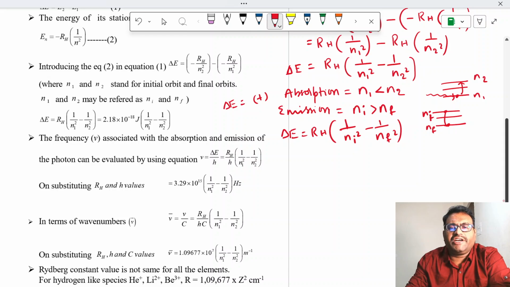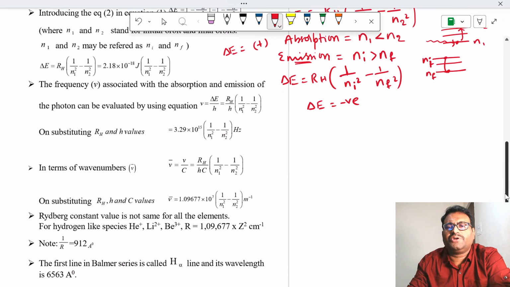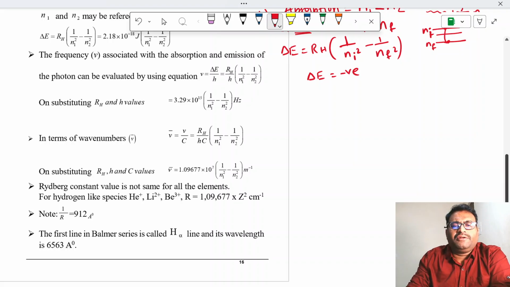If N initial is greater, automatically delta E will be negative. Negative represents that energy is released, emission.